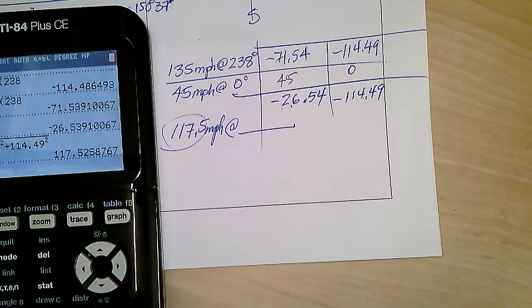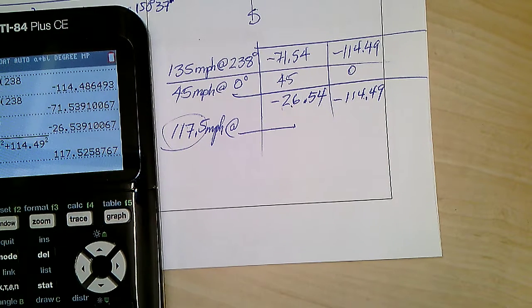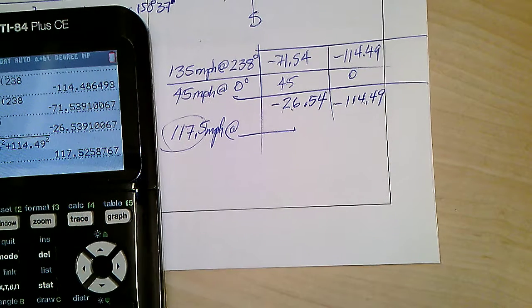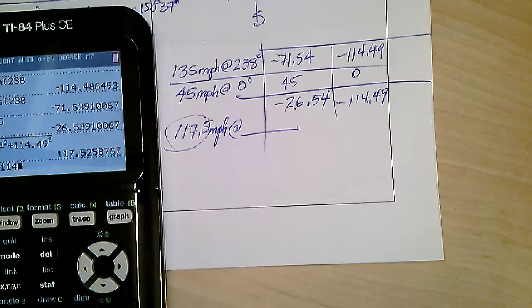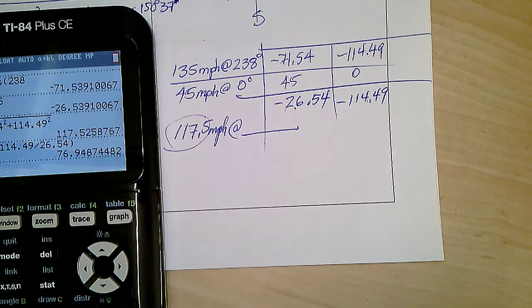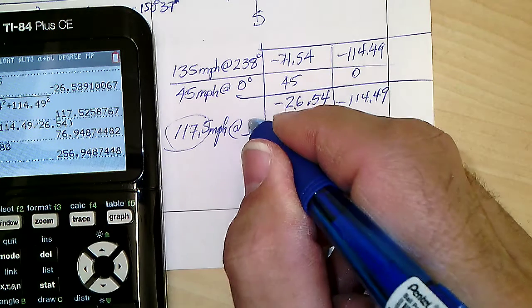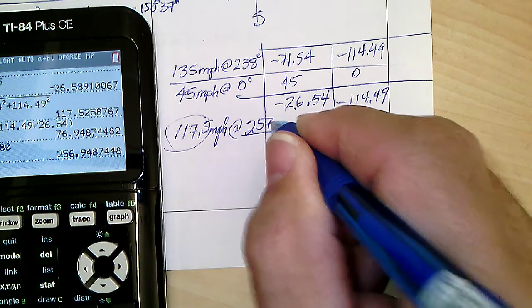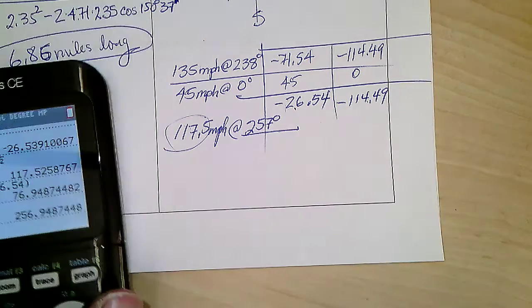And the heading in trig would be, since the x is negative, I'm going to have to add 180 to the tangent inverse of y over x. And these are both negative, so I'm going to forget that. Negative divided by negative is positive. 114.49 divided by 26.54, and then plus 180, and that's at an angle in trig of 257 degrees approximately.